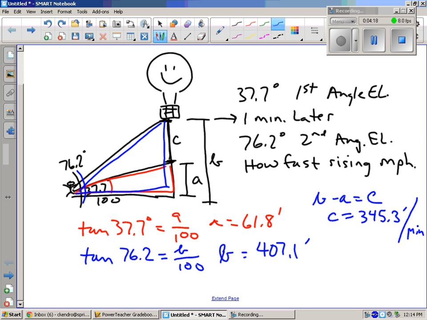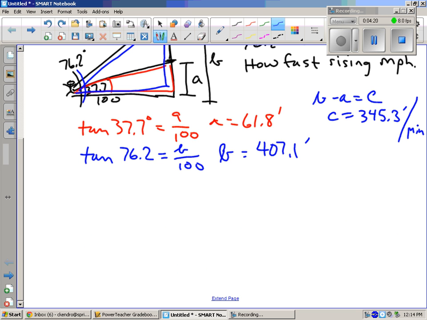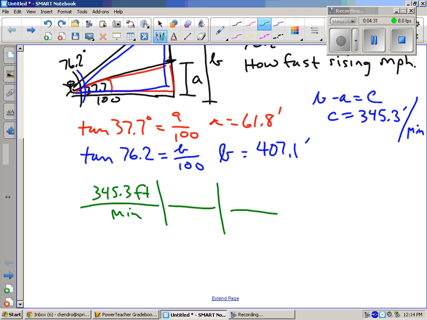Now we have to do the conversion. We're going to take 345.3 feet per minute and change that to miles per hour. The first thing I'm going to get rid of is the minutes. I know 60 minutes is 1 hour. Then I'm going to get rid of feet. 5,280 feet is the same as 1 mile.